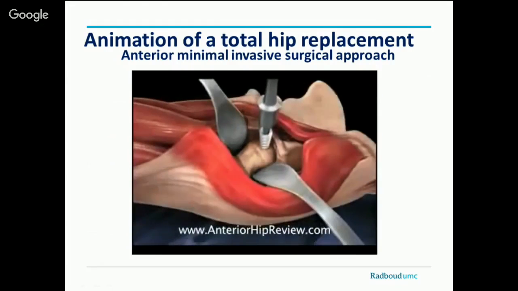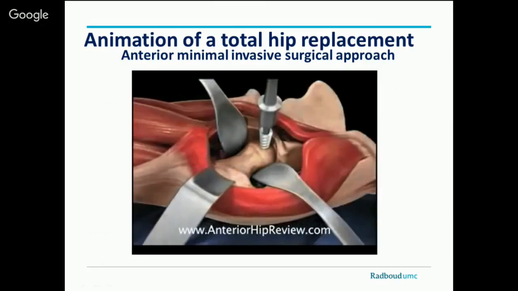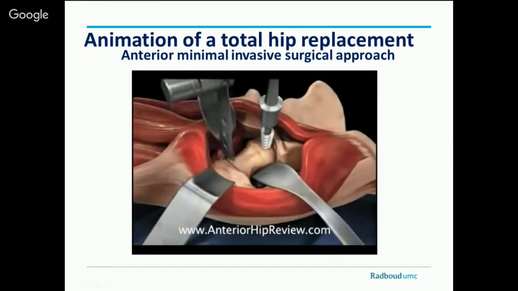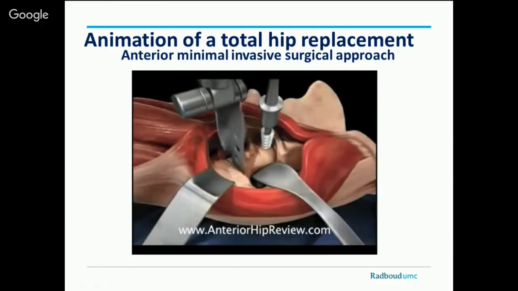Here's an illustration of the oscillating saw making the neck cut in the proximal portion of the femur. The power corkscrew in the femoral head is then used to lever the femoral head out of the acetabulum.